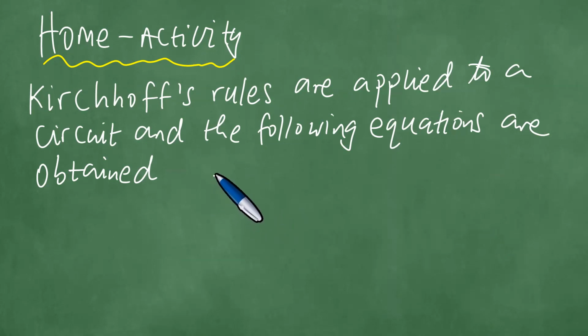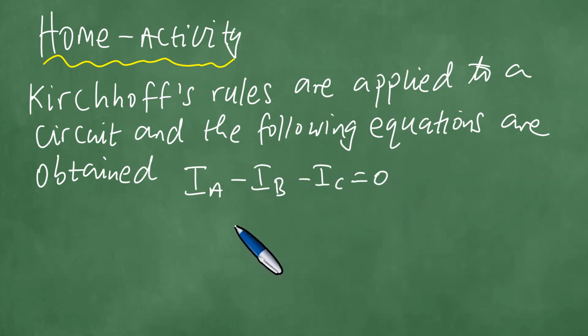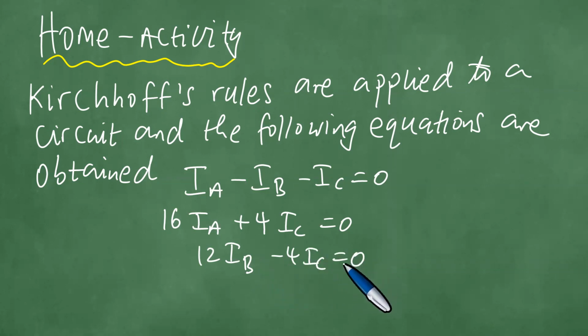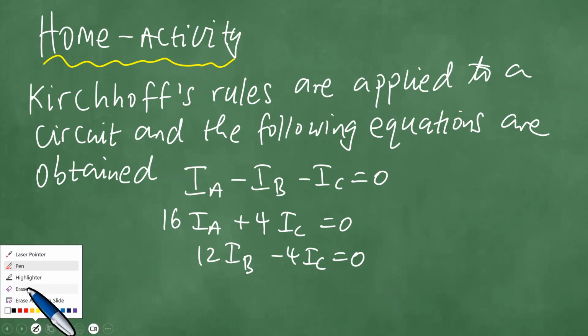The equations are: minus IC, (16IA) plus 4 IC equals 0, 12IB minus 4IC equals, okay, I need to change something here.